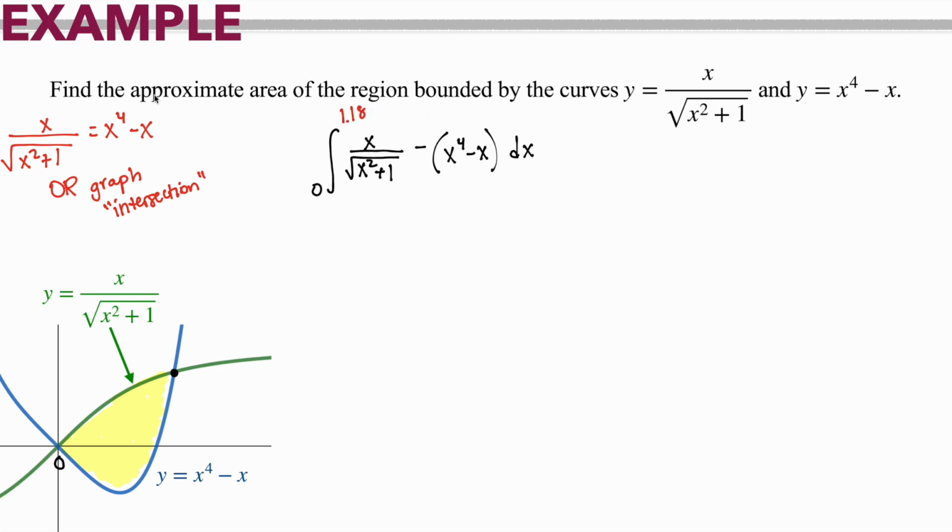And now, that is why they talk about the fact that this is going to be an approximation, is because we're not going to be able to find the exact value. So now what I would do is actually use your calculator in order to plug this whole thing in.